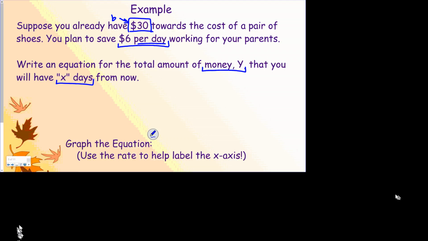We're saving $6 each day, so that's constantly saved day after day, meaning that 6 is our slope or our m. So filling into y equals mx plus b, we found the slope to be 6 and the y-intercept to be 30. So we replace b and m to get y equals 6x plus 30. That would be your equation for this problem.